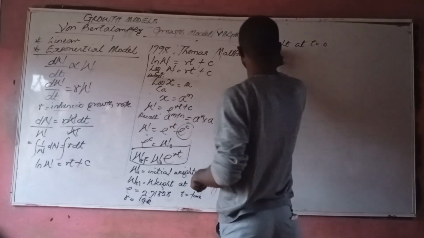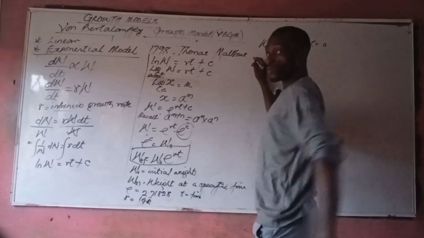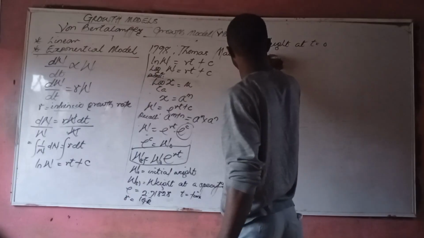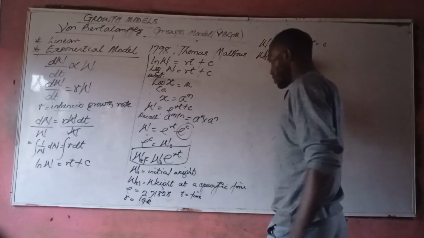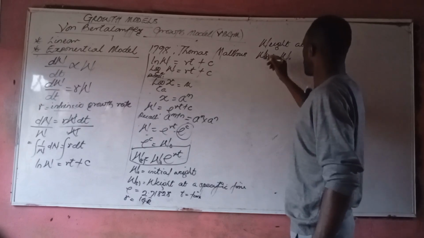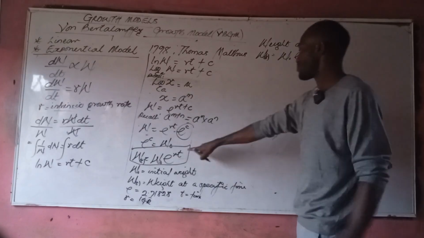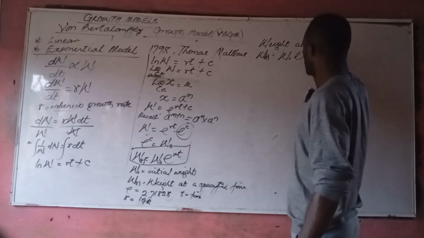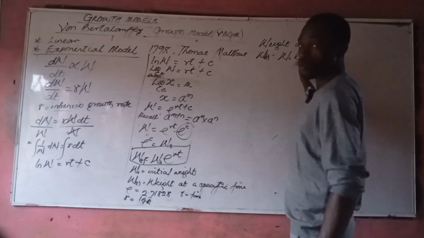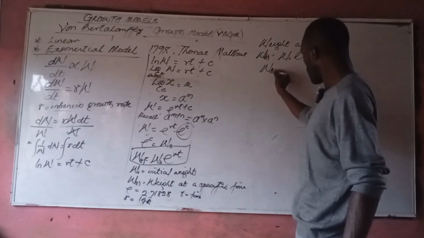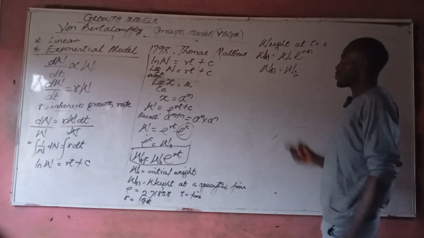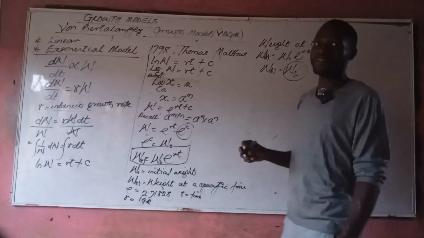When t is equal to 0, you plug that into the equation, and then you have w at time 0 equal to w sub naught e raised to the power r times t, which is now 0. r times 0 is 0, e raised to the power 0 is 1. So the weight at that time will be w sub naught. So that tells you the weight at time 0 is w sub naught. That's why this is the initial condition.